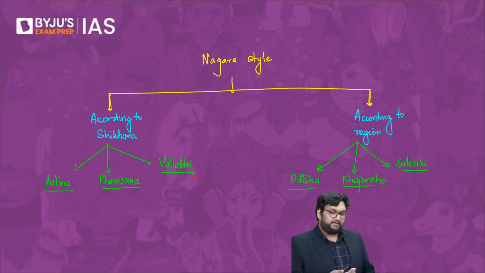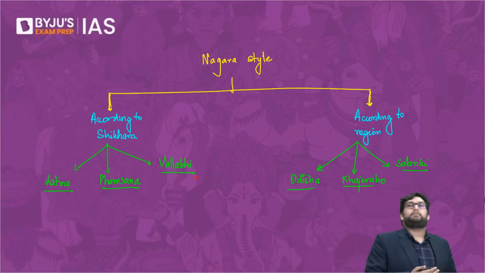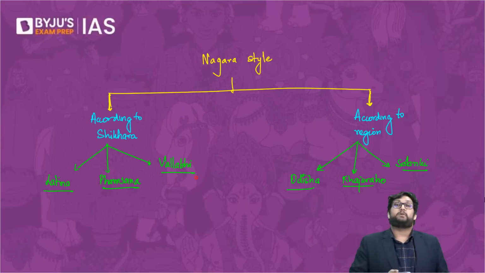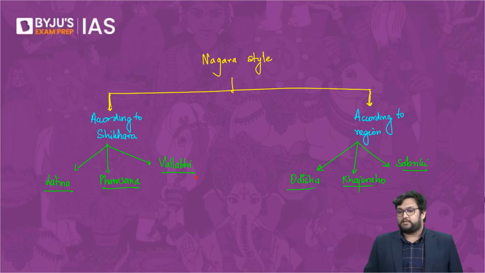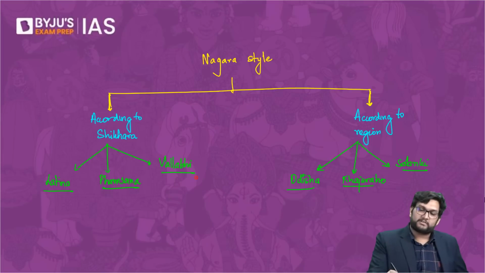So very simply, there are multiple combinations, close to 27 to 28 combinations, in which you can find the Nagara style. Now, Nagara core style 12 basic features are there, which we discussed yesterday itself, which is 12 basic features.